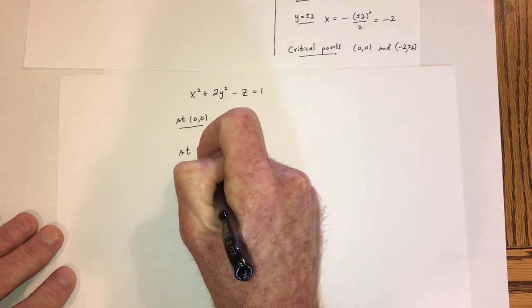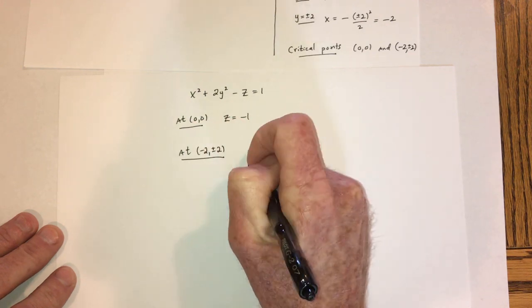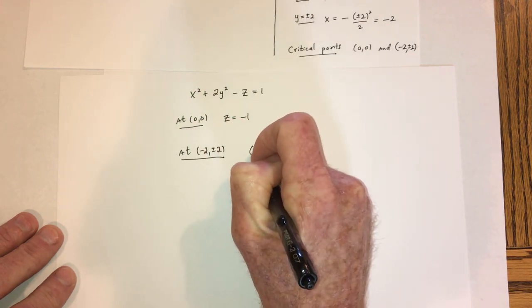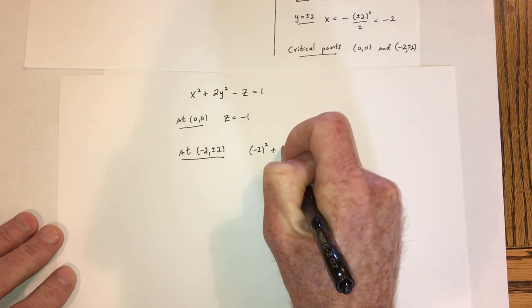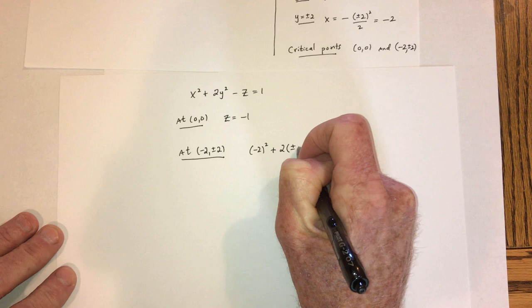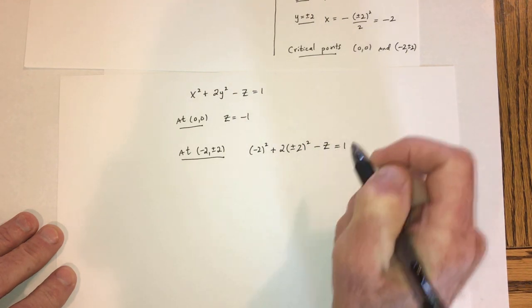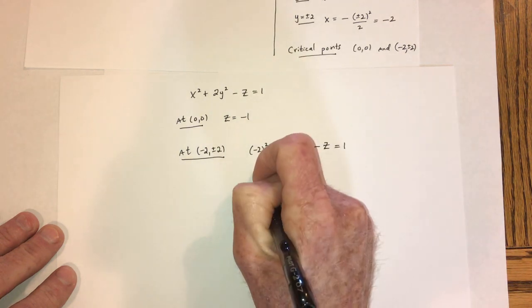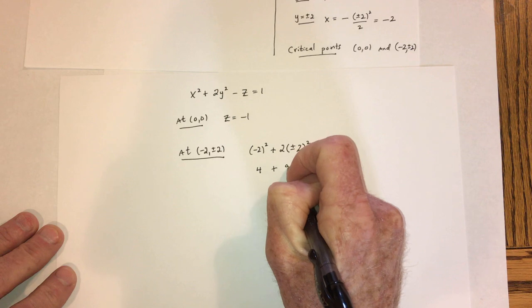So negative 2 for x, plus or minus 2 for y. And then that would say negative 2 gets squared plus 2 times either plus or minus 2 gets squared minus z equals 1. So this is a 4. That's a 4 times 2 is 8.